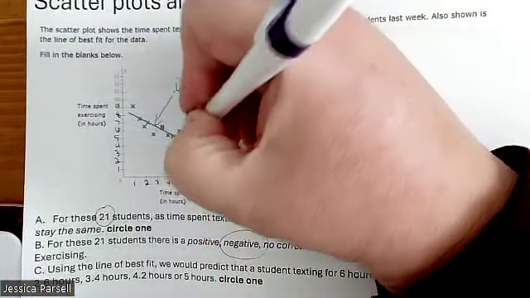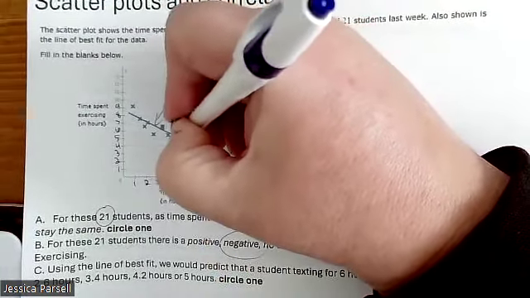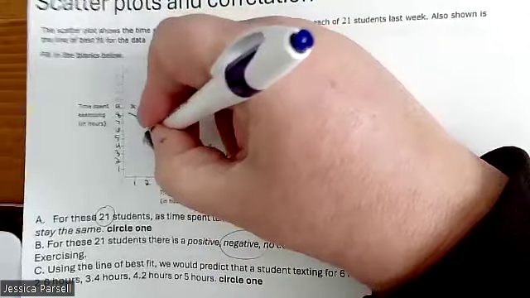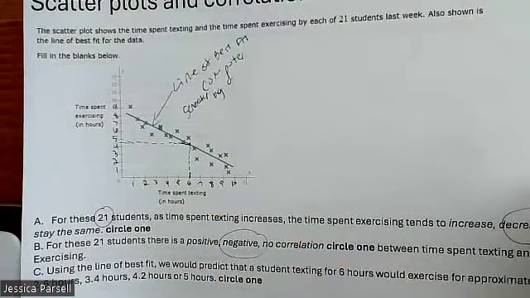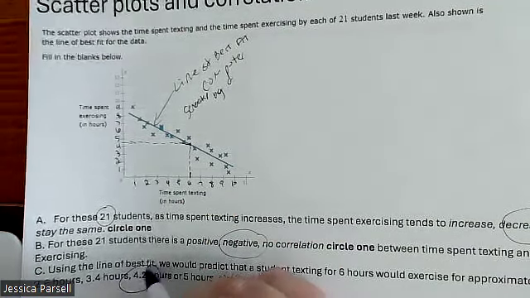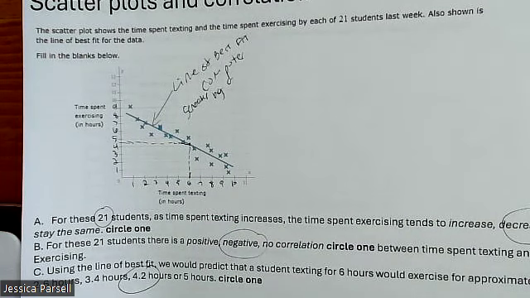They would be somewhere here. And let's come across. So somewhere between 4 and 5. So probably we would circle 4.2 hours. We could predict that a student who spends 6 hours texting would exercise for approximately 4.2 hours.